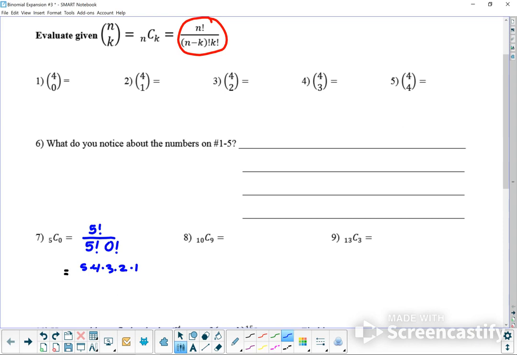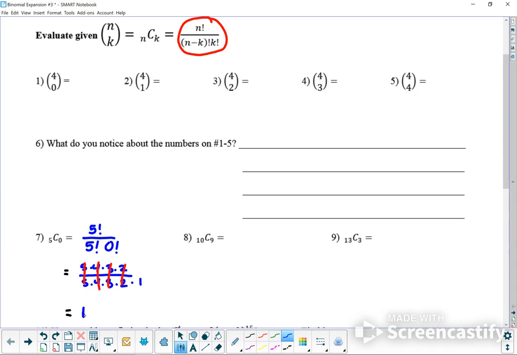And again, like I said in class, I'm not going to write the ones because multiplying by 1 doesn't really do anything. And 5 factorial again is going to be 5 times 4 times 3 times 2 times 1. And then 0 factorial is 1 factorial, is 1. Right, so if we do this, then all of these just cancel away, and we get 1 over 1. Or 5 choose 0 is going to give us 1.